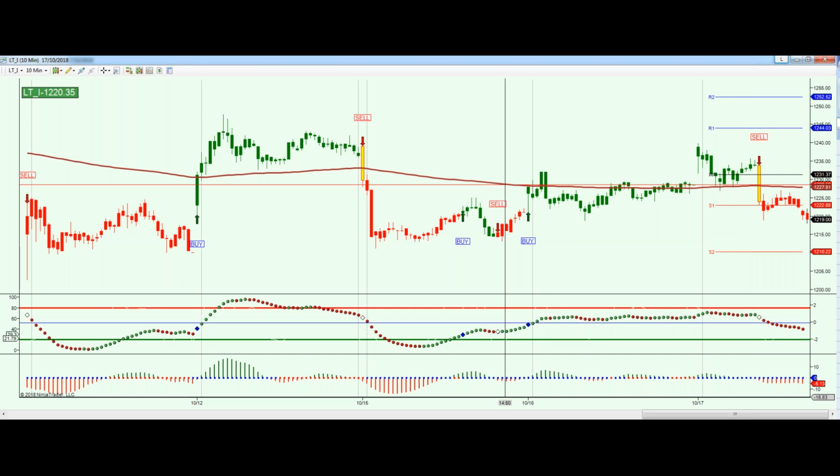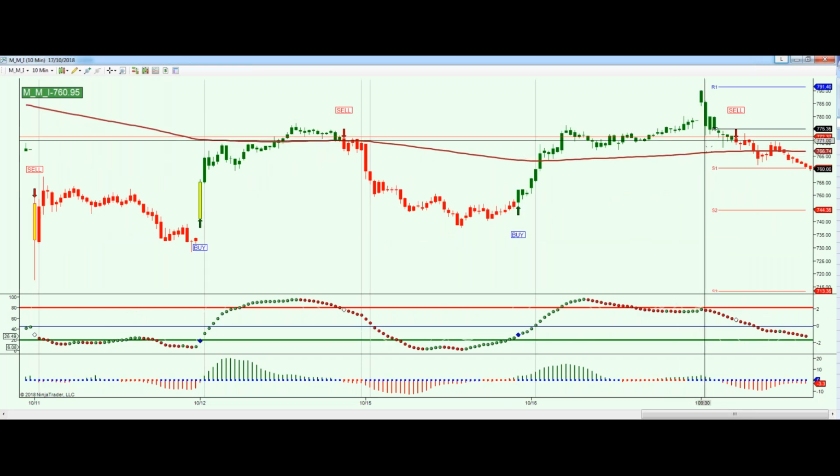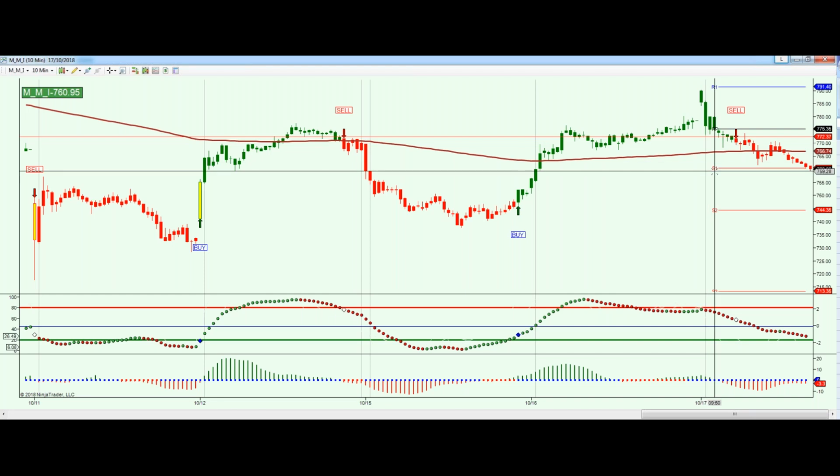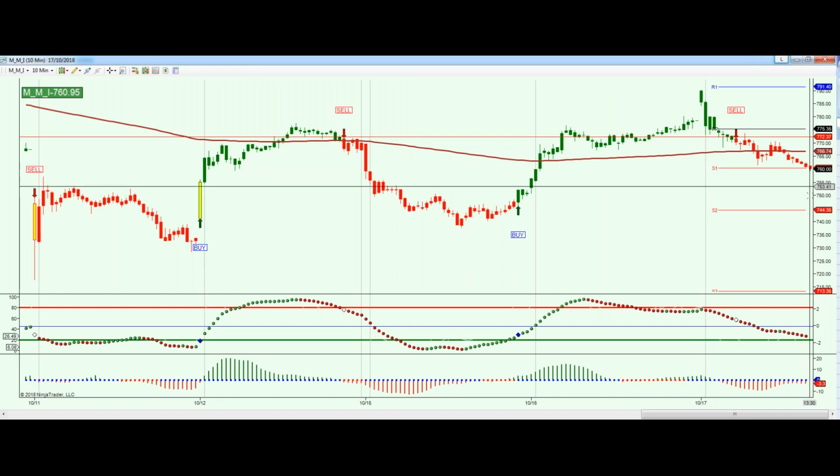M&M is a sell call. Yesterday it was a very good buy call, and today it's a sell call at 765. Now it is at 760, so roughly around 5 rupees. That is 5,000 rupees profit on M&M, and we can still keep trailing the stop loss for M&M.